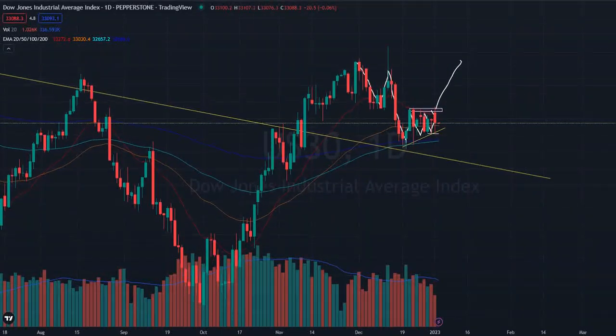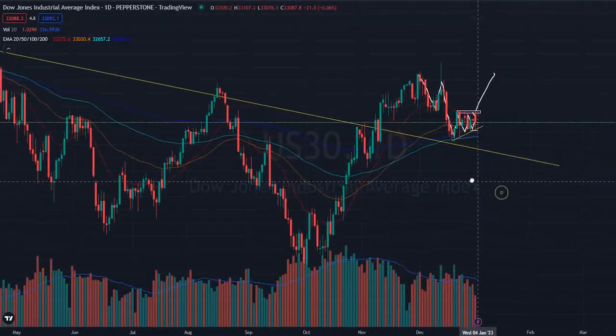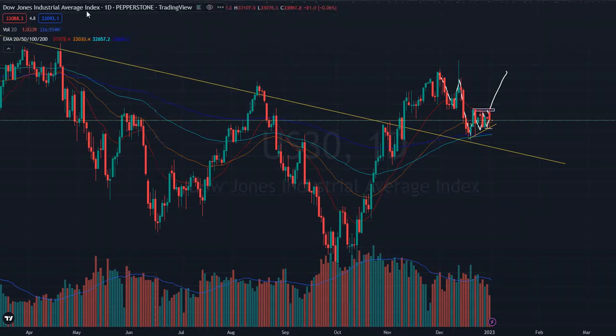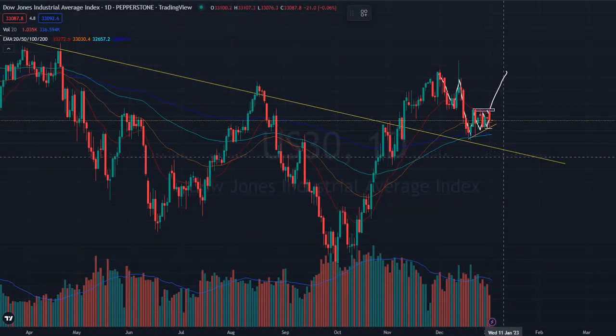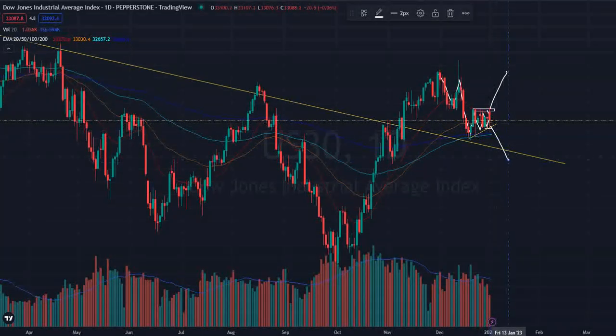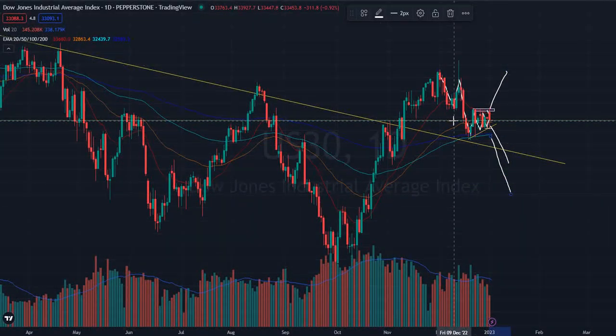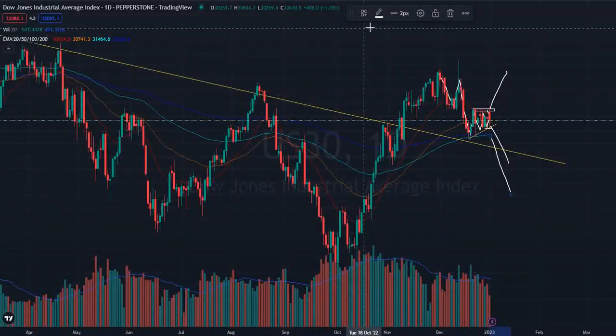So if it does drop, where will it drop? Most likely it's going to drop here. If it drops massively, then we get something here, or we get something here. That's where it would drop, because it's been getting squeezed for many weeks now.